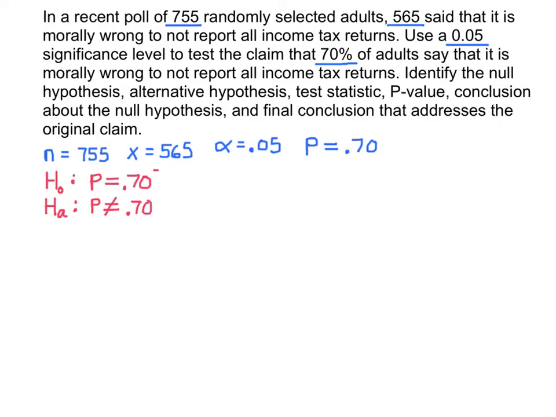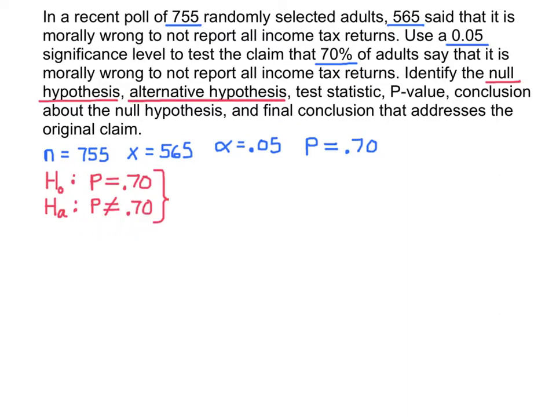So this is the answer to the first inquiry, to identify the null hypothesis, which we did right there. And the second inquiry is to identify the alternative hypothesis, which is what would be left, what other possibility could there be, and that's right there.